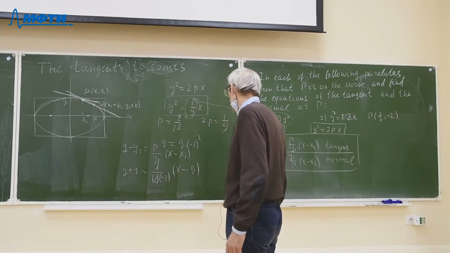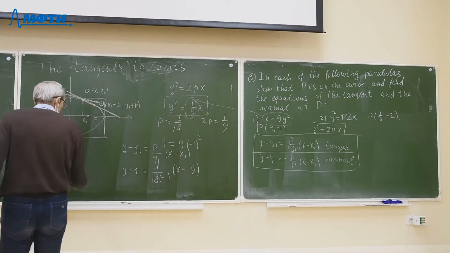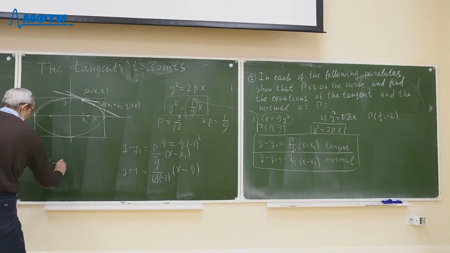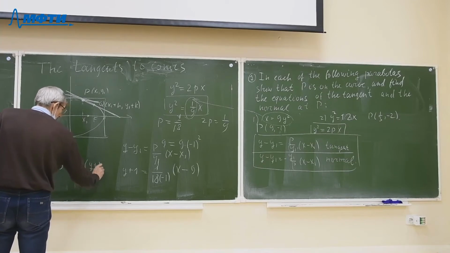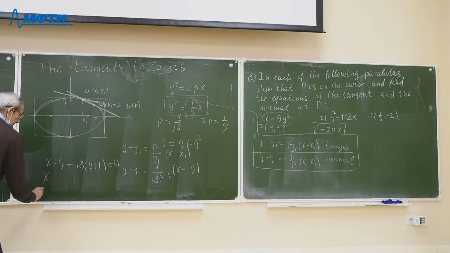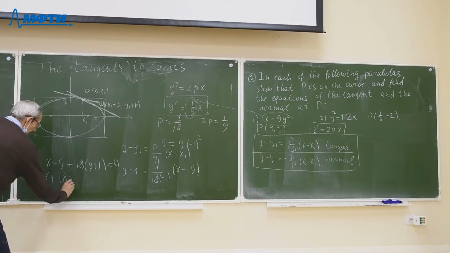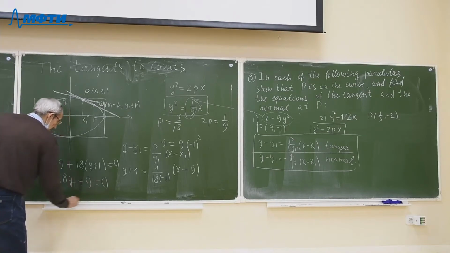And we obtain the following equation x minus 9 plus 18 times y plus 1 is equal 0. x plus 18 y plus 9 is equal 0.